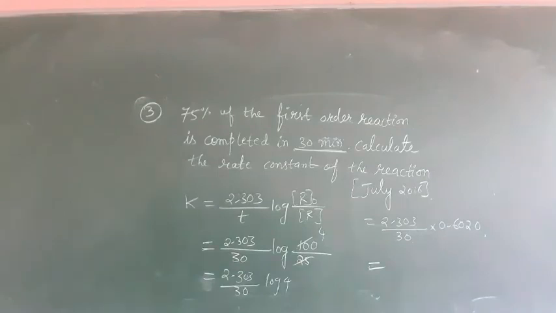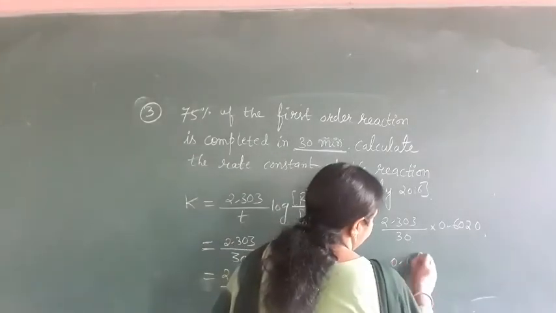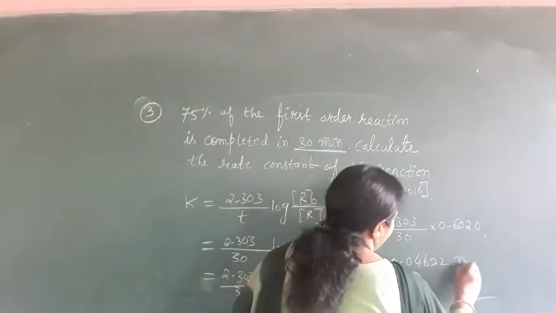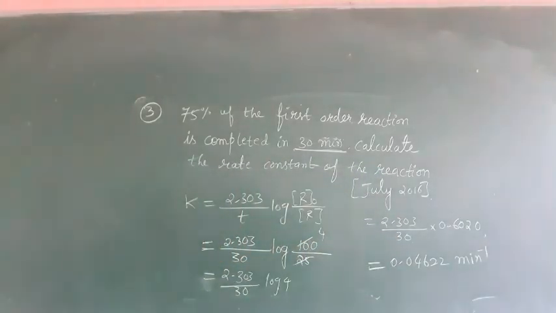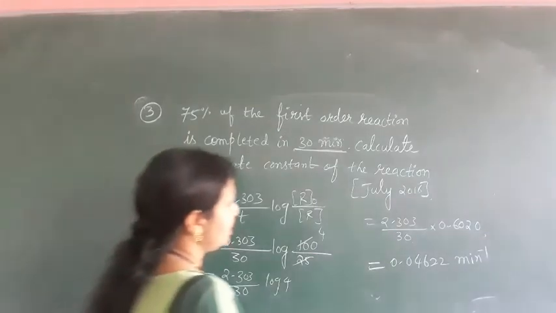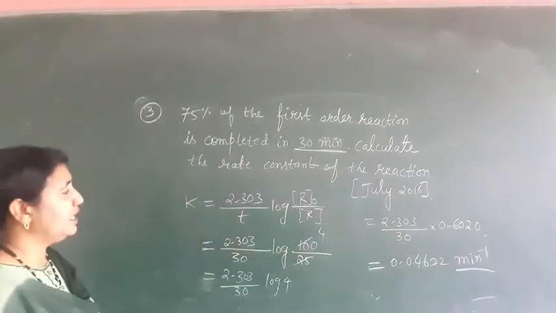So in this we will get the answer 0.04622 per minute. So this is a first order reaction, so what is the unit here? Per minute, because the time is given in minutes.